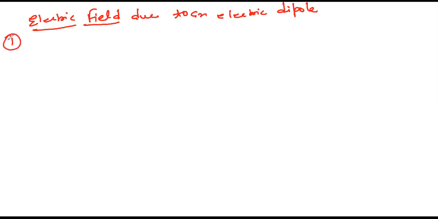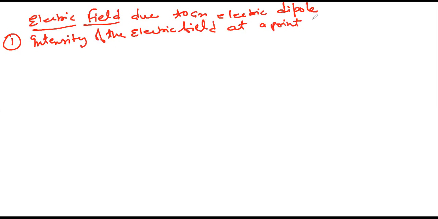First part is intensity of the electric field at a point on the axis of dipole.